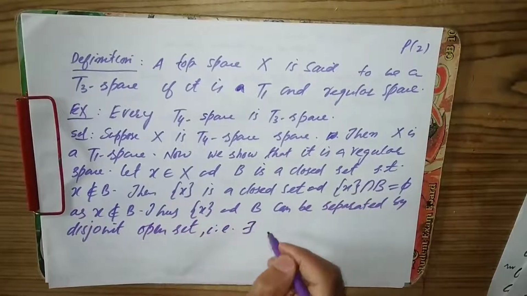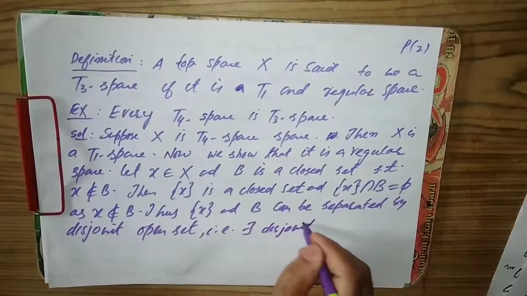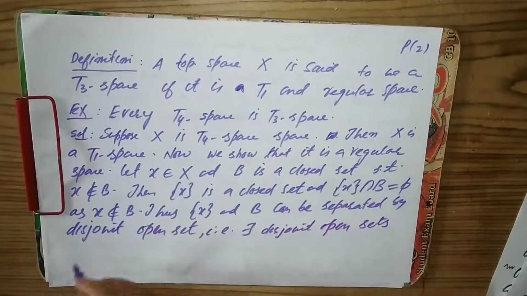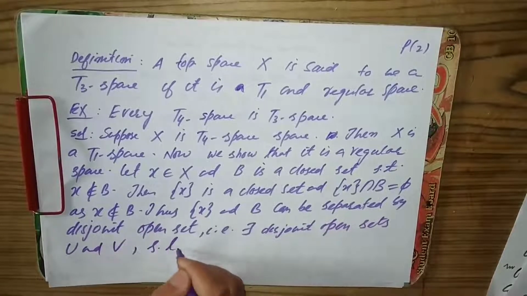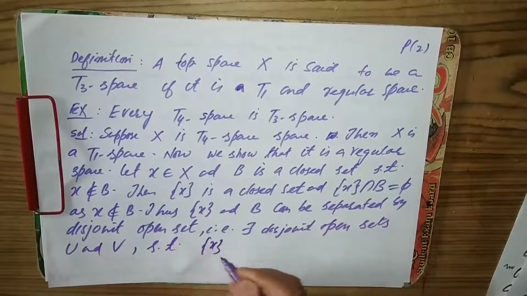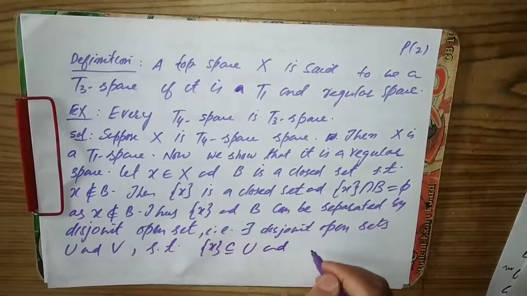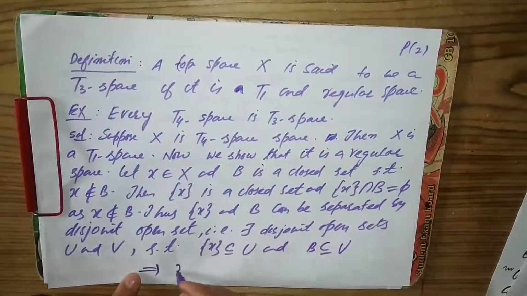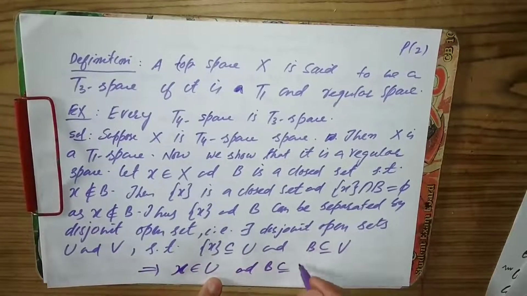That is, there exist disjoint open sets U and V such that the closed set {X} is a subset of U and B is a subset of V. So this implies X is in U, and B is a subset of V.